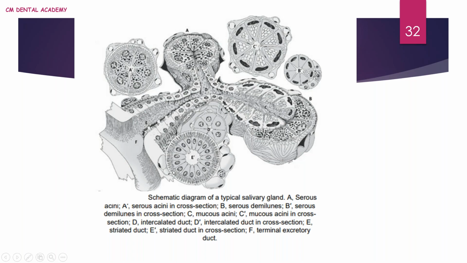Then comes the striated duct, which empties into the large excretory duct. So the secretions from the serous and mucous acini are expelled into the intercalated duct, then to the striated duct, then to the major excretory duct. This excretory duct directly opens into the oral cavity and expels the saliva into the oral cavity. This is the mechanism of how this glandular structure works.